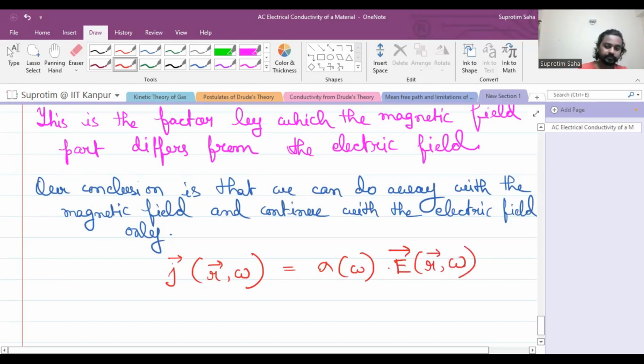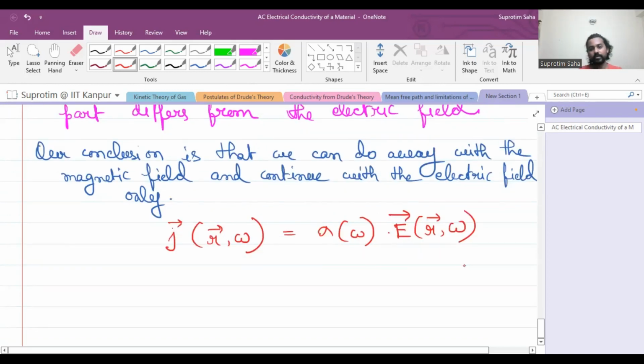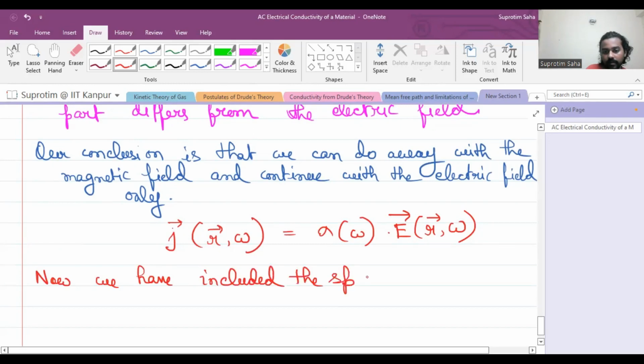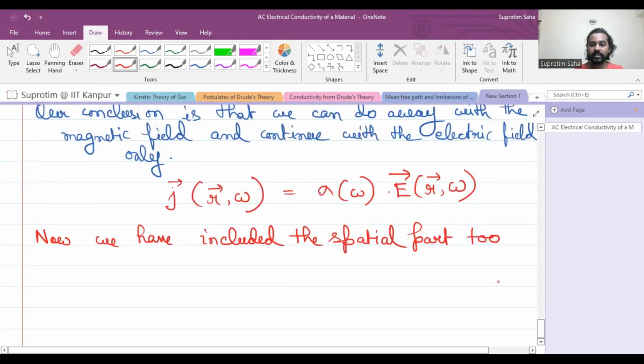Now we have included the spatial part too, because now we have sorted out all the approximations and the clarifications that we needed to.